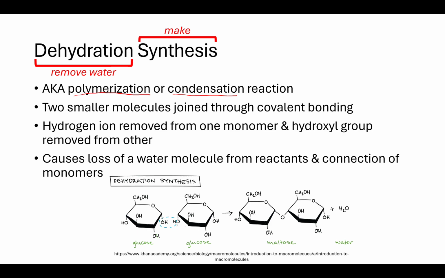So you have two monomers of glucose here. Notice that we have two OH groups facing each other, and if we take out the hydroxyl group from one monomer and the hydrogen ion from the other monomer, those two can react to form water, and then this oxygen that's left behind is then used to bridge or to bind those two monomers together, and you make polymers out of it.